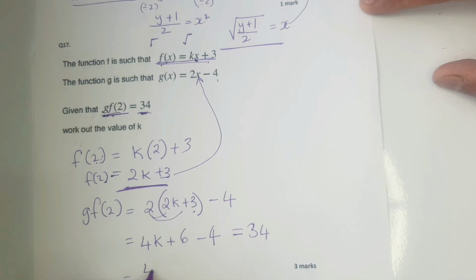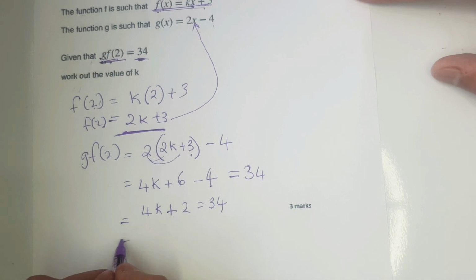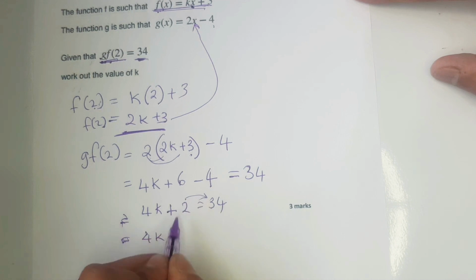So if I simplify that, 4k plus 6 take away 4 is 4k plus 2, equals 34, and then I'm just going to move all the numbers to one side, leaving me with the letter k. So 4k, if I take away 2 from both sides, I'm left with 32.